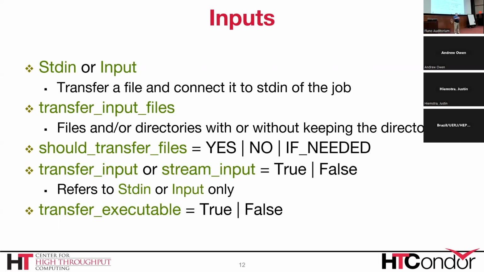Then there's also all the other files that are not in the standard in of your job that you want to transfer and reference within. There's also a should transfer files, whether or not file transfer should happen. The default for this is if needed. I would recommend that you set it to yes, because if needed can be a trap, particularly on Windows, where if needed almost never works when it decides it's not needed.